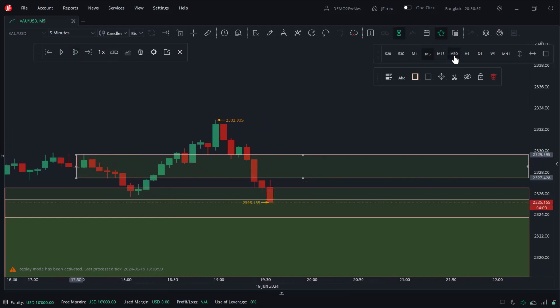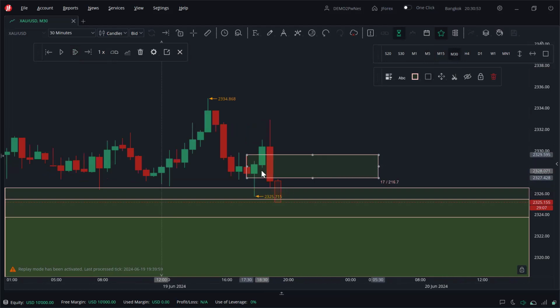Okay, let me go one up to see what's happening. This got broken. Now we need to be very careful. Still, some would see this and then they will say, oh, this is EF for selling in M30. And they will try to sell from here.